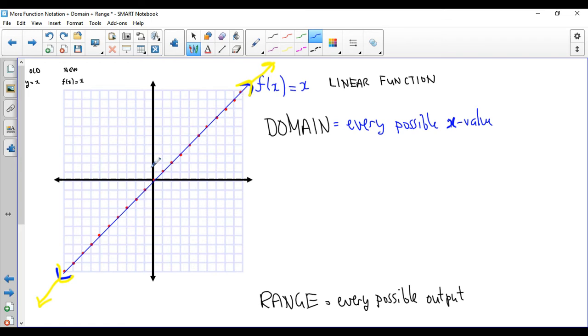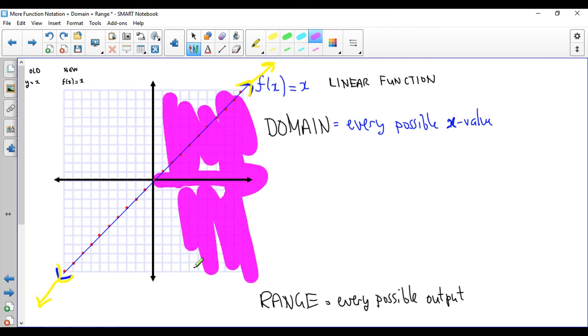So when we talk about the domain, because the dots are connected and these arrows go on forever, that means this function goes on forever. And it's going on forever this way, so I'm shading it this way.